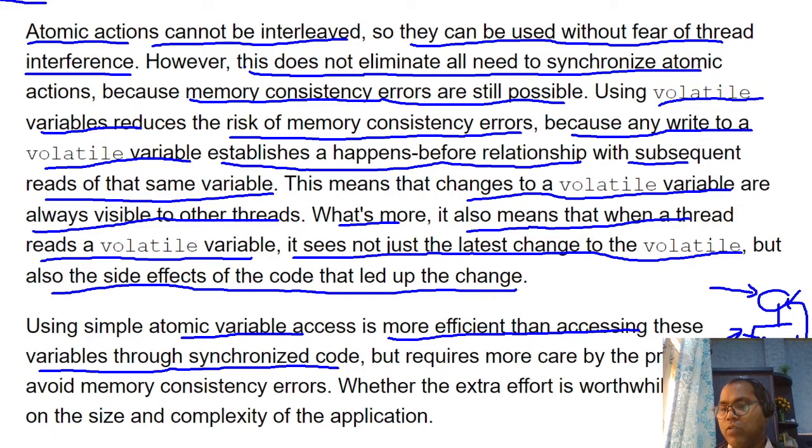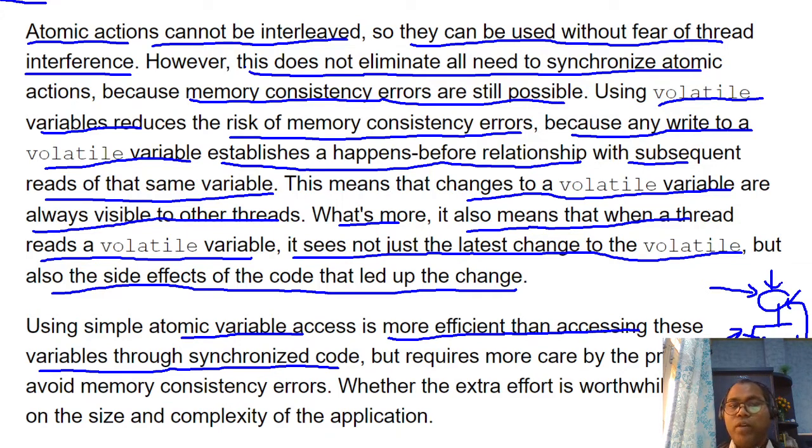So at method level you apply synchronization, and you get the same benefit you can achieve from volatile as well. So the atomic variable is more efficient to access than a variable through synchronized code.